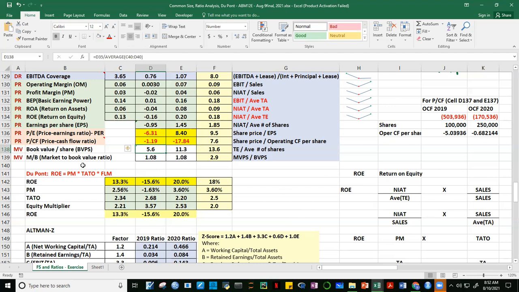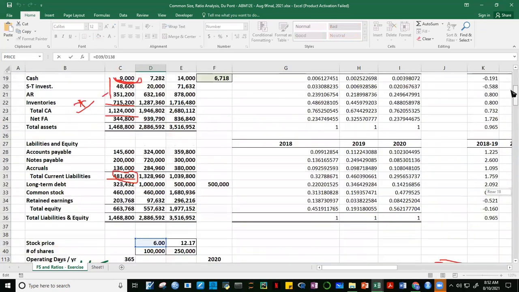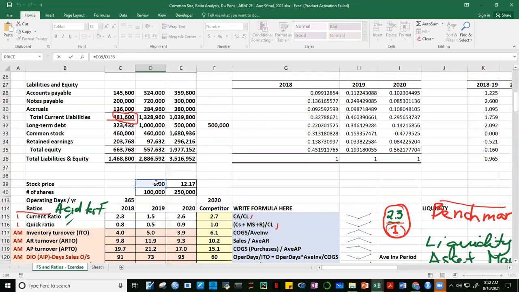Okay? So, ito naman guys, kino-compare natin ngayon yung book value per share at saka yung market value. Again, paano natin makukuha yung market value? D39, okay? Ito yung market value per share. Ibig sabihin nun, yung share price. So that's 6 pesos.